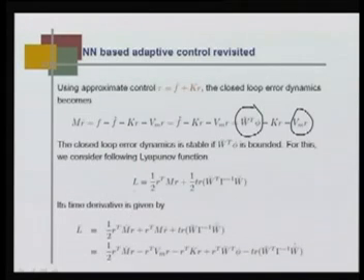Its time derivative is half r transpose M dot r plus r transpose M r dot plus trace W tilde transpose gamma inverse W tilde dot.